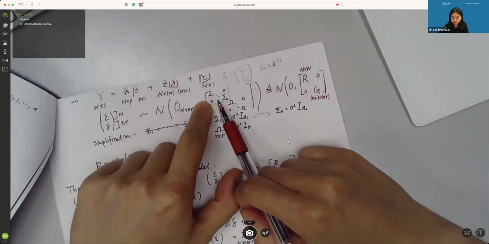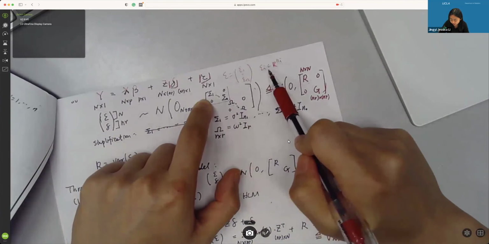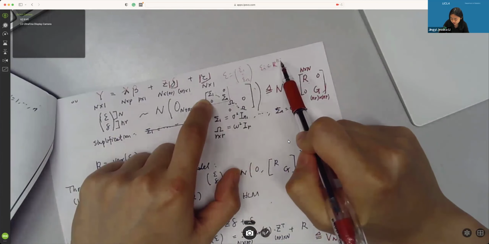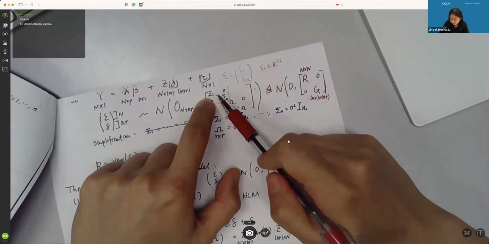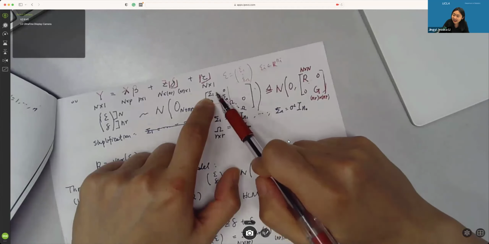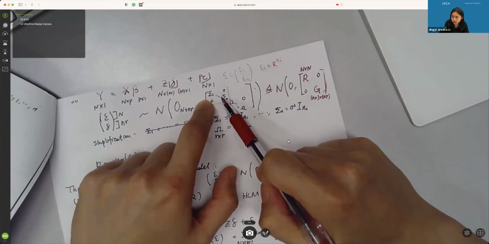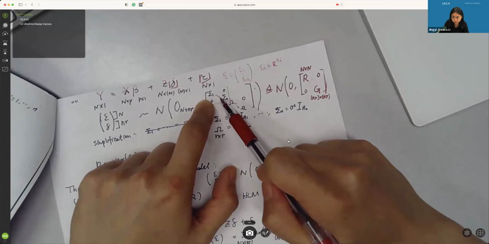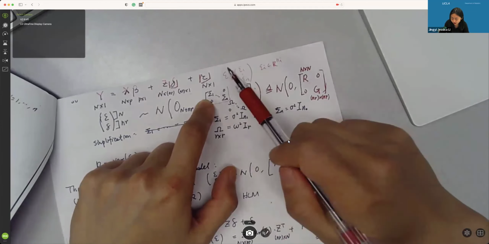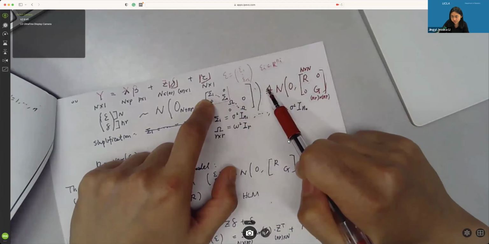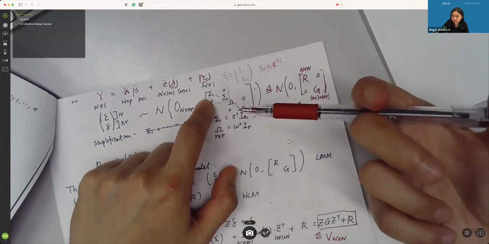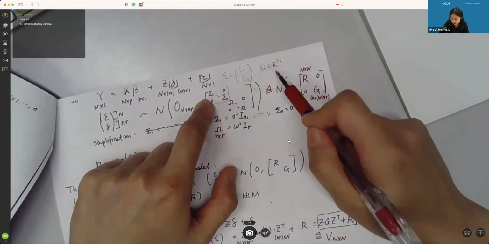If you believe that your epsilon i, this n_i-dimensional vector, has a corresponding covariance matrix called sigma i that is just a diagonal matrix with just one term sigma squared, then that sigma squared will enter your parameter theta to be estimated. So there's one variance term for the error term that can be written as sigma squared.